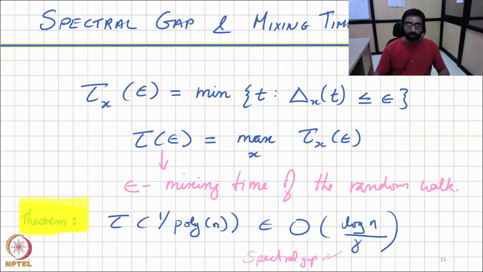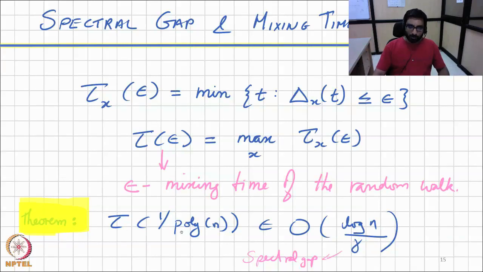And here's an important theorem: the mixing time to get to within a 1 over polynomial in n difference from the stationary distribution is at most O of log n over gamma, where gamma is the spectral gap.